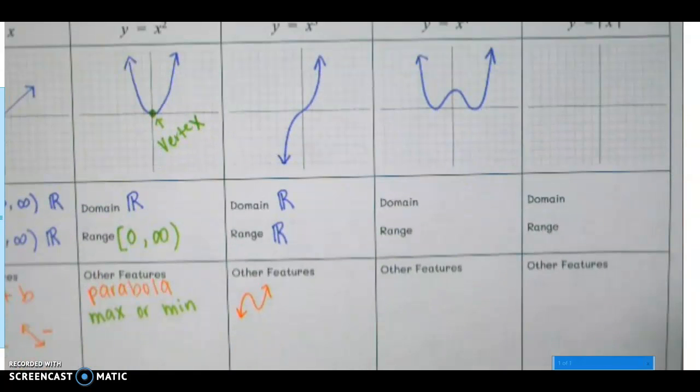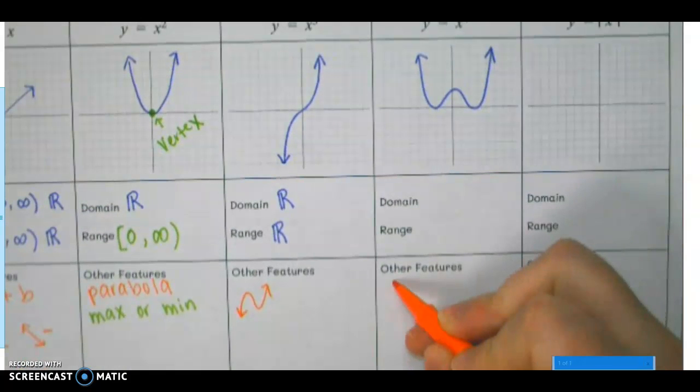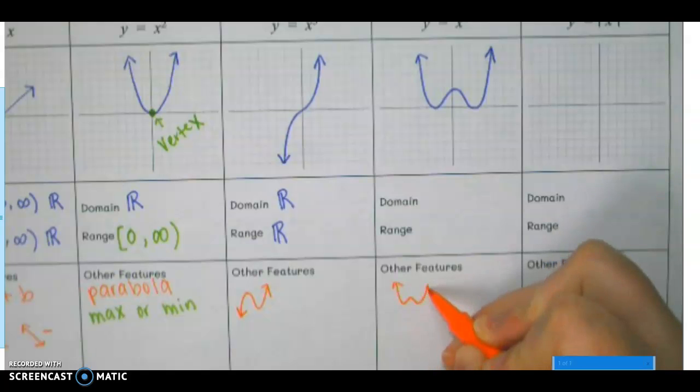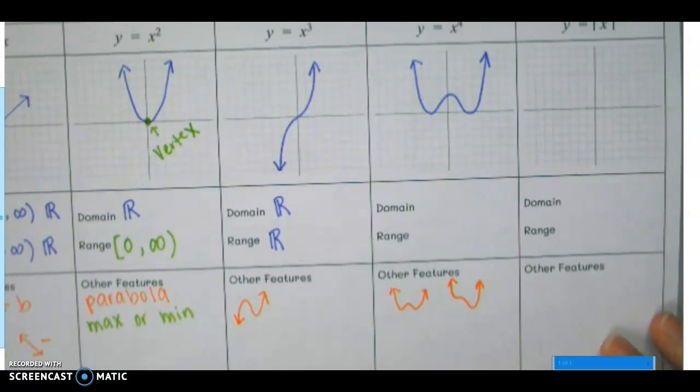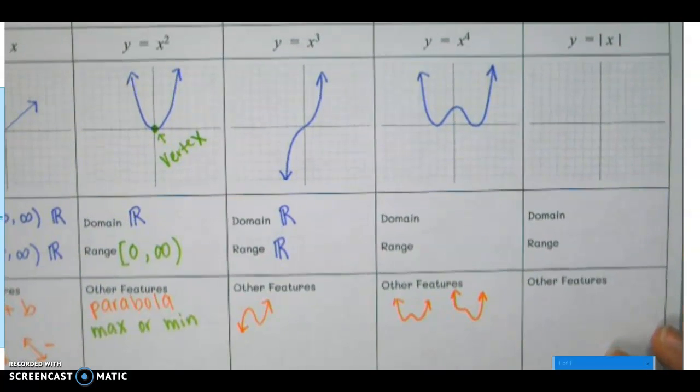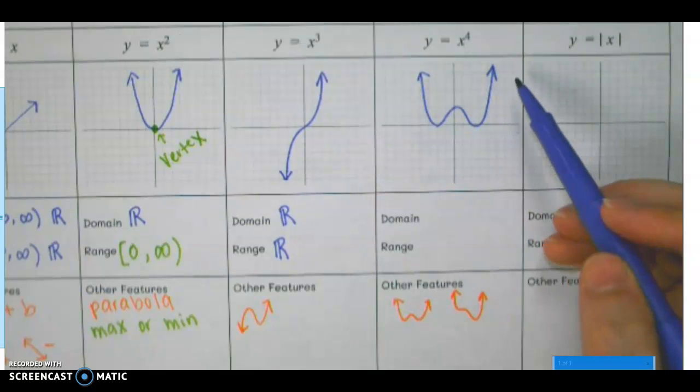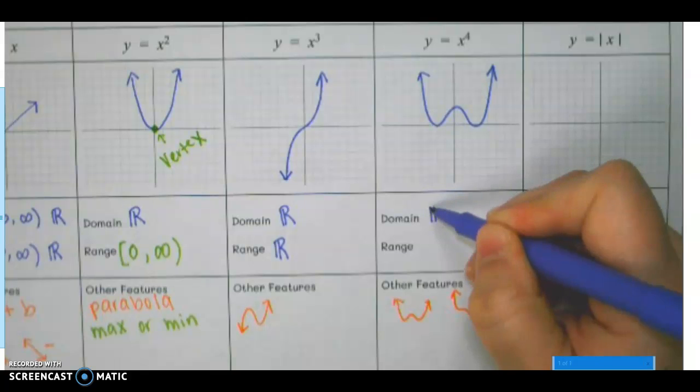I mean, it could also look a little bit like this, or just kind of like that. So you can identify it because it's the same kind of U shape, but it's not a perfect U like quadratic is. All right, same thing, arrow to the left, arrow to the right. So the domain is all real numbers.